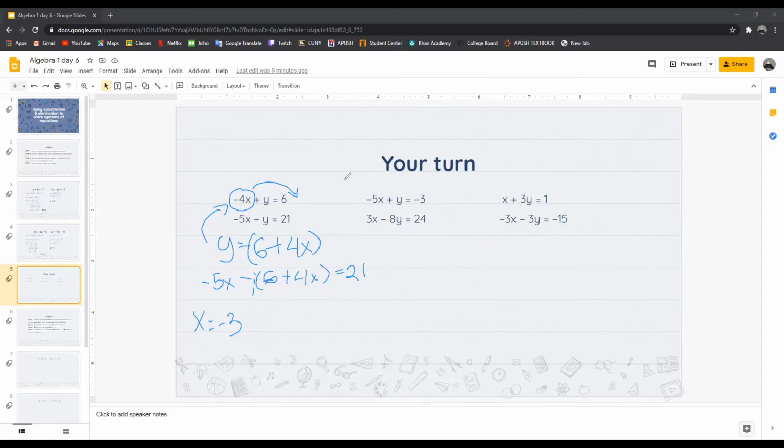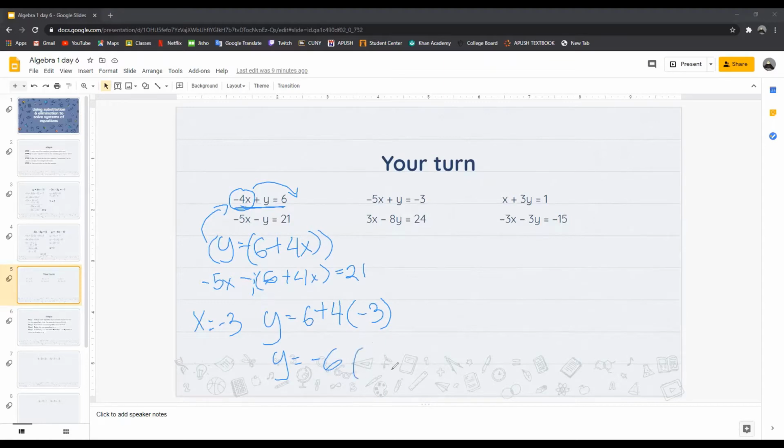I previously solved this and simplified it so y is alone, so I can just use this equation. So y would equal 6 plus 4 times -3. Then you would combine all of these: 4 times -3 plus 6 would equal -6.